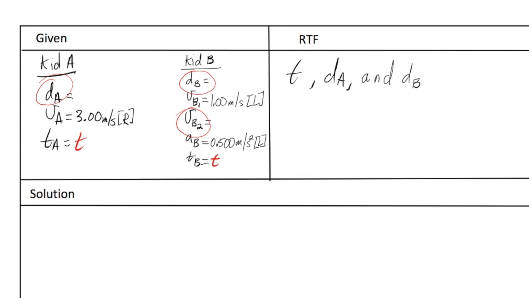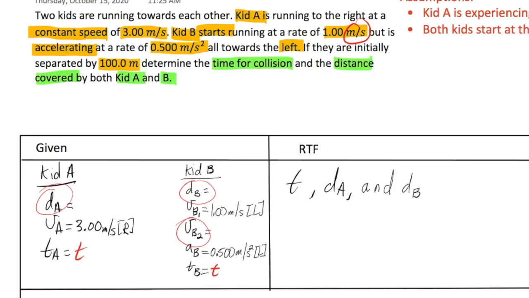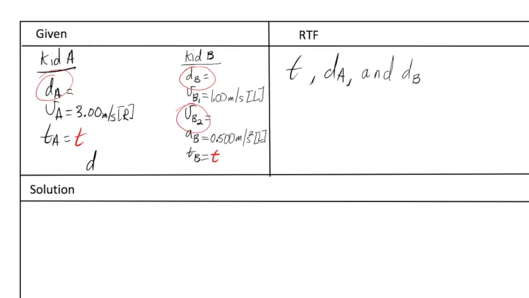Well, there's one other piece of information that we haven't put in our givens yet, and that is the distance of separation. So the d-sep is 100 meters. What that means is the distance, and I am actually intentionally using distance, that Kid A runs combined with the distance that Kid B runs does add up to that 100 meters.